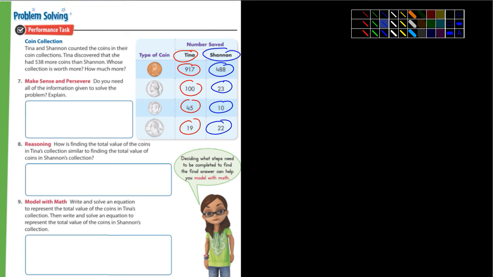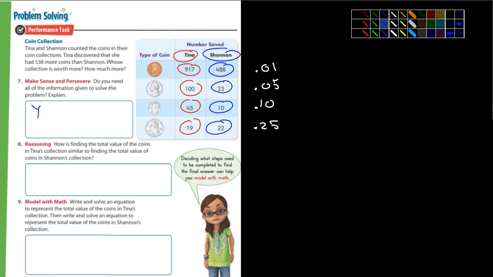Okay? And then, well, you know, a penny is worth 0.01. A nickel is worth 0.05. A dime is worth 0.1, or you could say 0.10. And then a quarter is worth 0.25. You're going to multiply those by the amount each one of them have. And the first question, it says, do you need all the information given to solve the problem?